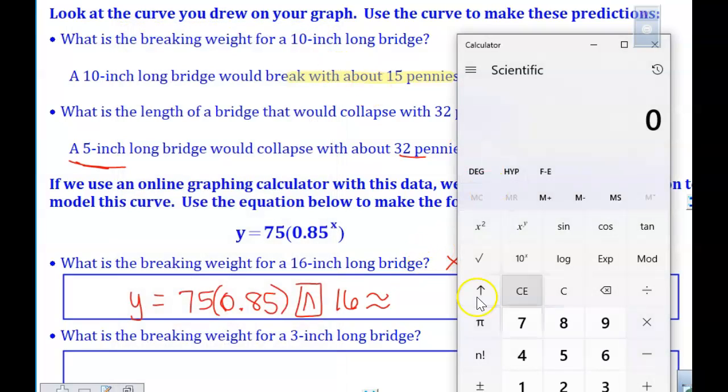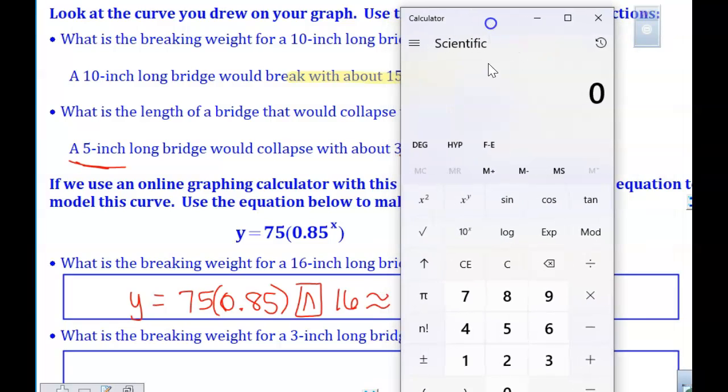All right, so we're going to type it in as 75 times 0.85. You don't need the parentheses, you can just put it in. On my calculator, it's the X to the Y button.